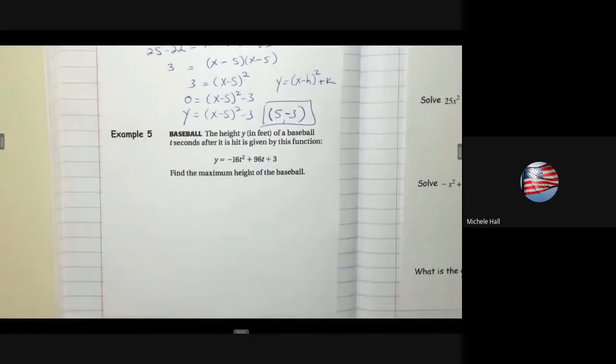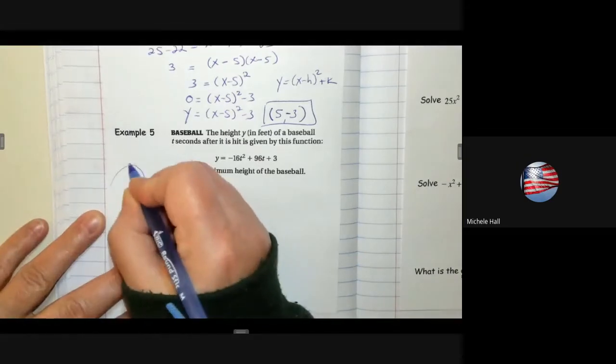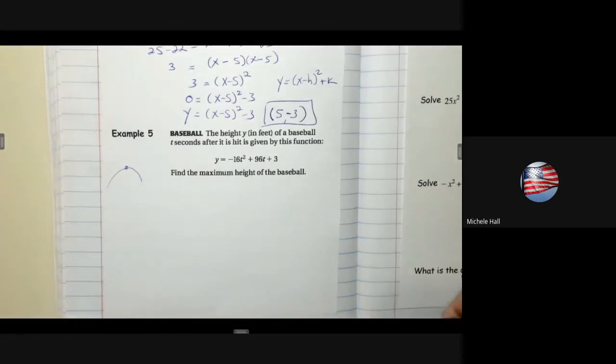The height y in feet of a baseball t seconds after it is hit is given by the function y equals negative 16t squared plus 96t plus 3. Find the maximum height of the baseball. What's the maximum height? All right.